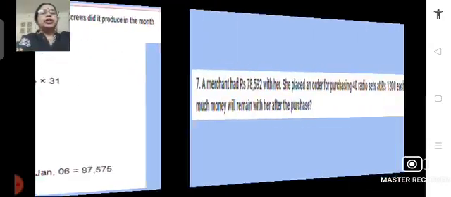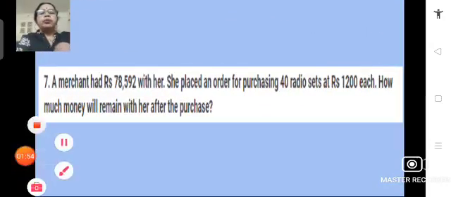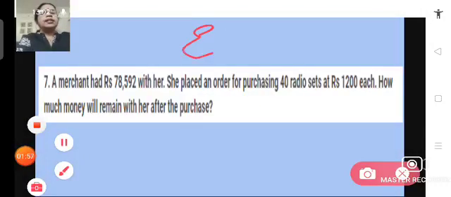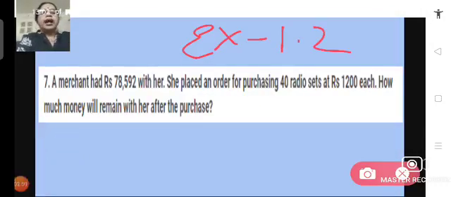Now, let's move on to the next problem. Problem number 7, exercise 1.2. A merchant had rupees 78,592 with her. She placed an order for purchasing 40 radio sets of rupees 1,200 each.